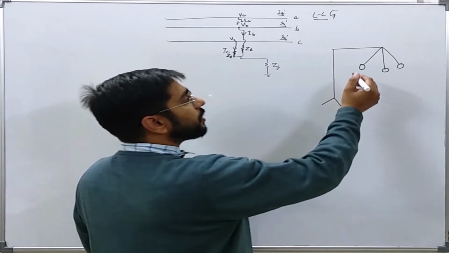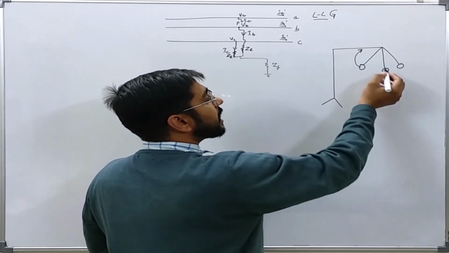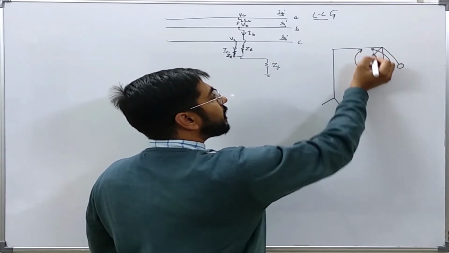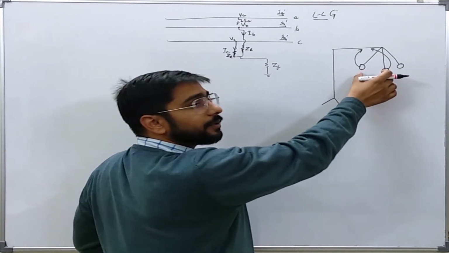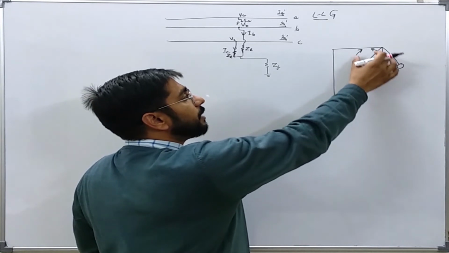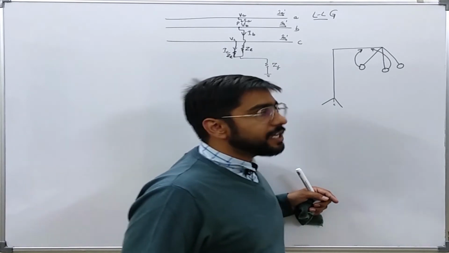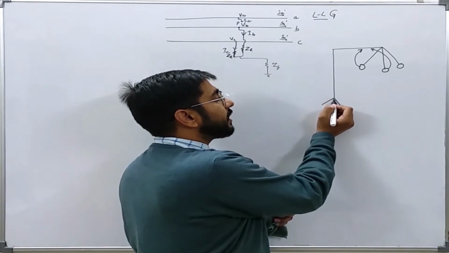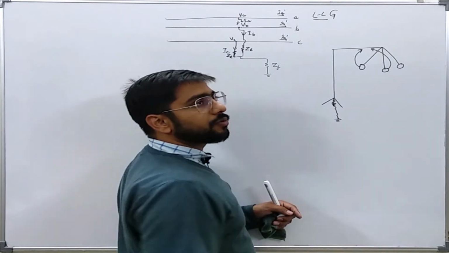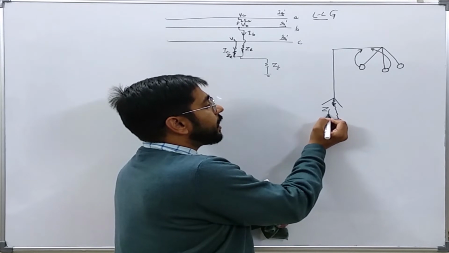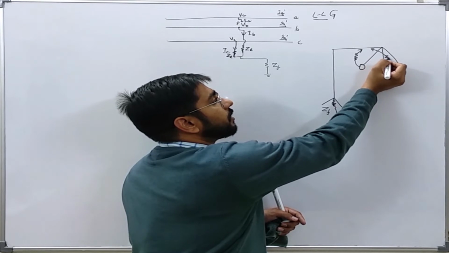Usually what happens, this insulator gets spark over or there is an arc. Similarly, this insulator might spark over, there is an arc. So this kind of sparking or arcing will cause a double line to ground fault. Now practically it is seen that the tower footing earth resistance, that is the resistance of this tower with respect to true ground, is comparatively very high as compared to the resistance of this arc.